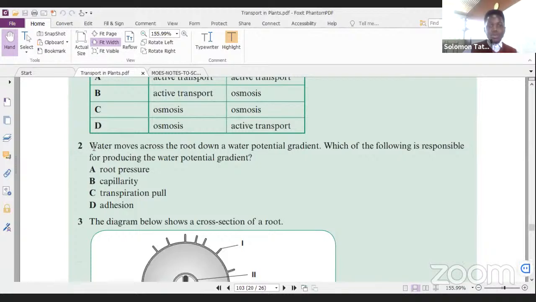Water moves across the root down a water potential gradient. Which of the following is responsible for producing the water potential gradient? What produces the water potential gradient amongst all these? It says water moves across the root down the water potential gradient. Which of the following is responsible for producing the water potential gradient?